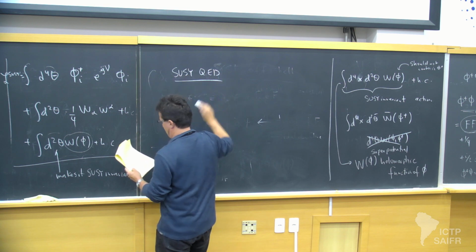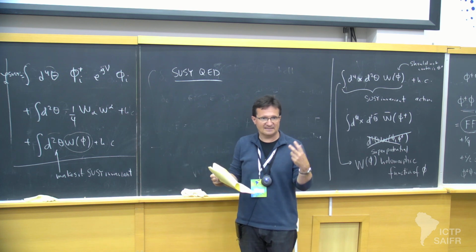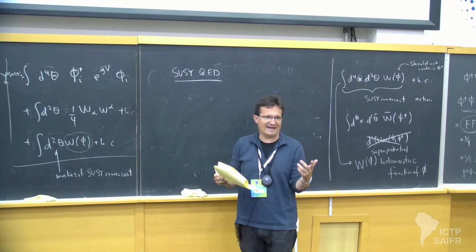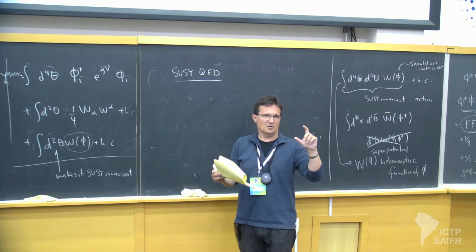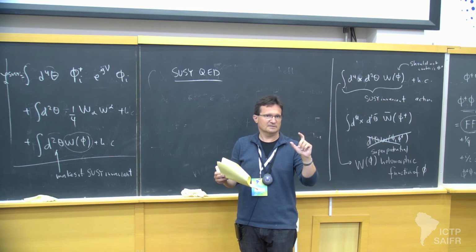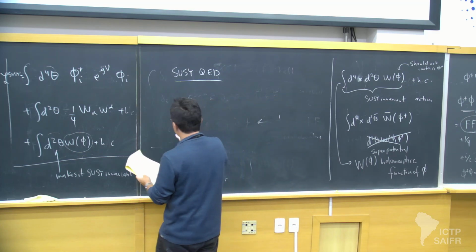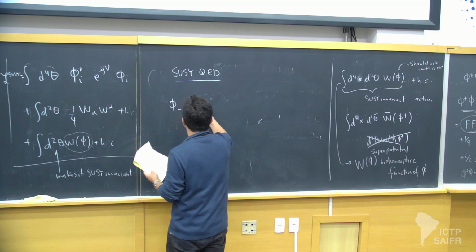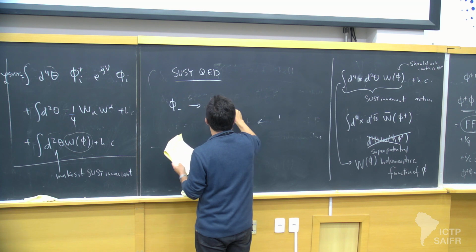QED is a U1 gauge theory of an electron. But an electron we usually think of as a Dirac fermion. In the case of supersymmetry, our chiral superfields contain only two-component objects. So the way we usually do this in supersymmetry is to assign the electron to a chiral superfield. So this would be the electron chiral superfield.